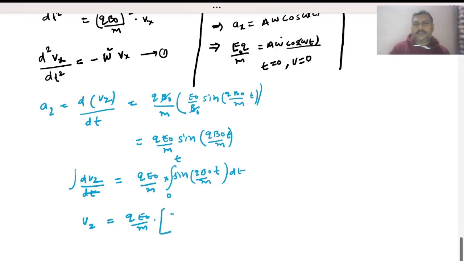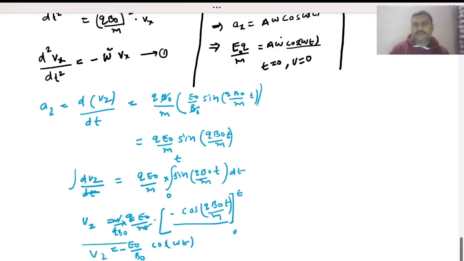Omega I consider, so minus cos of q b naught into t by m, into m by q b naught. So q b gets cancelled, leaving e naught by b naught. Now the limits are 0 to t. So vz is equal to minus cos omega t. So this is the vz formula.